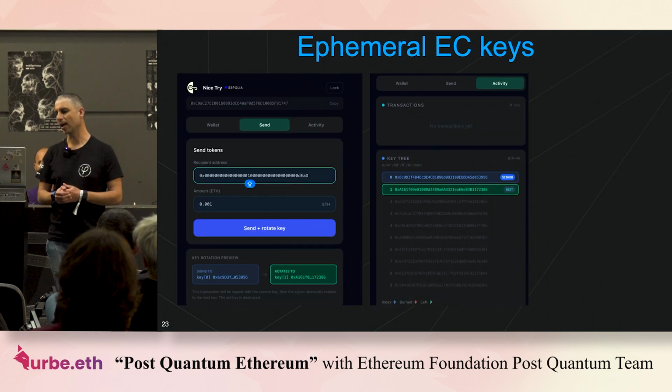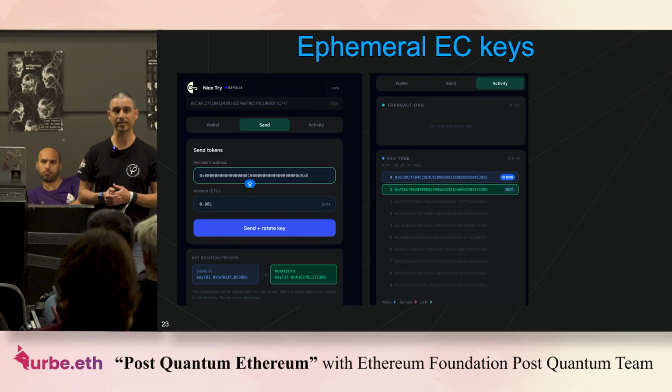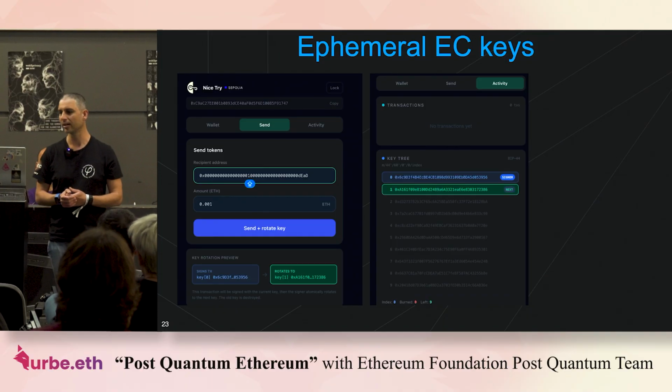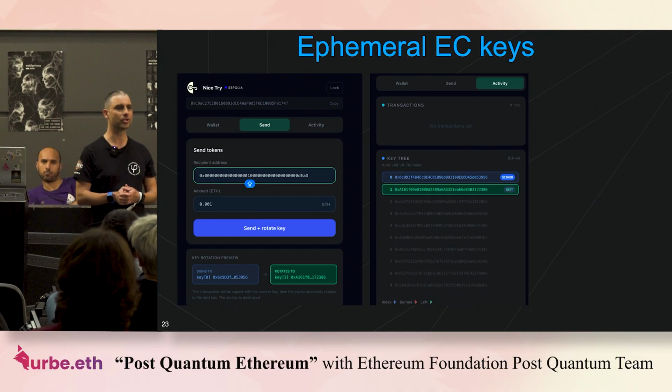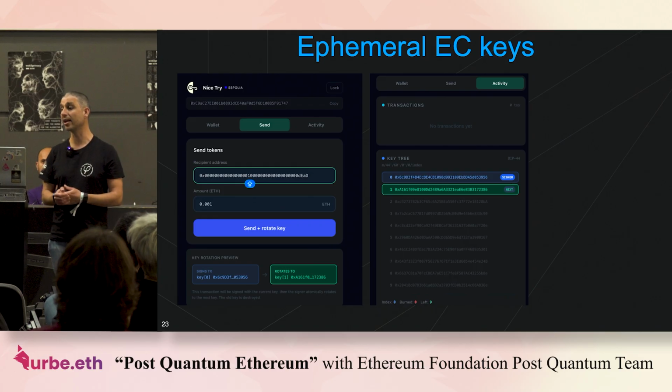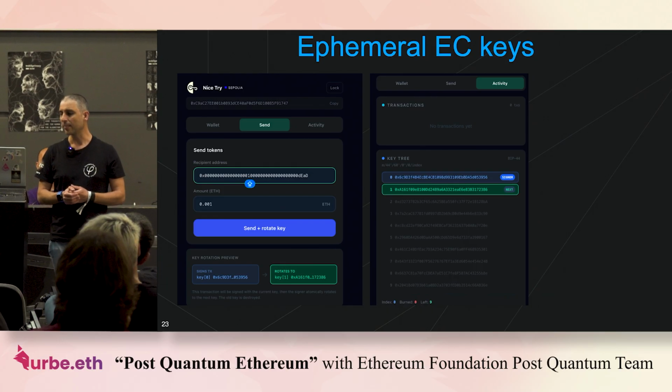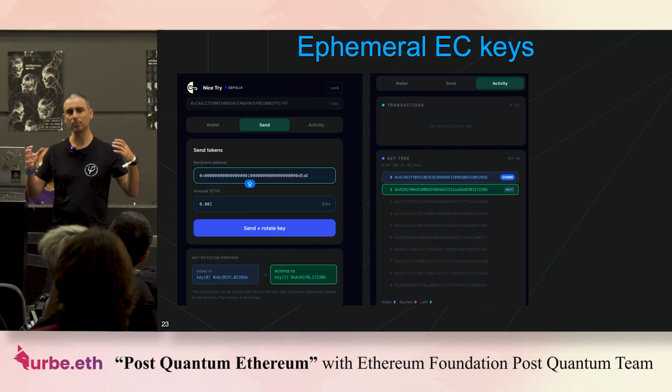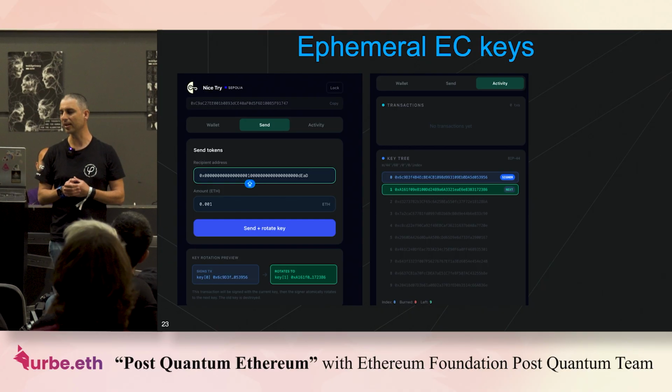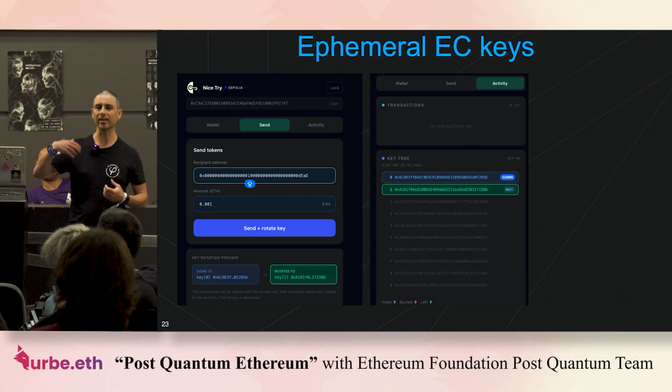One thing that happened as well during these weeks, and actually here we have Riva Labs that presented these solutions. There are these three gentlemen here. They showed this solution called ephemeral elliptic curve keys, and what it actually means is that you can have a solution that uses not one elliptic curve public key, but more, and one is rotating all the time.